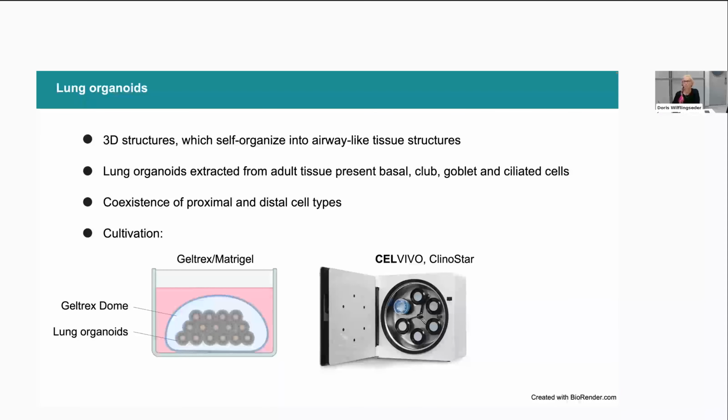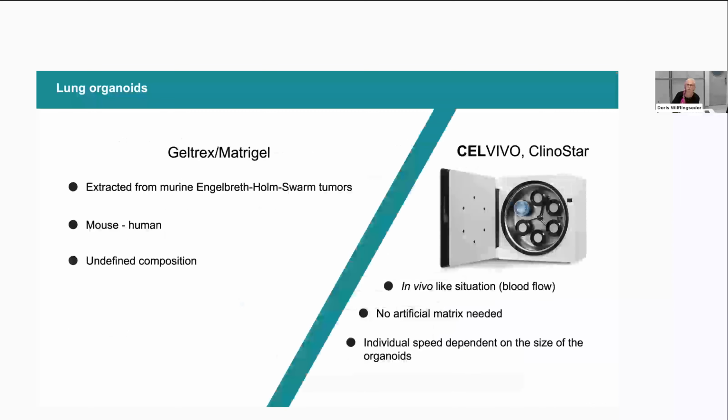You have those bioreactors which are moving within the incubator, and you can also turn the movement of those bioreactors. So the cells are always in movement, and therefore they easily self-organize.